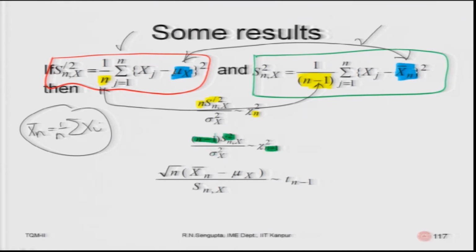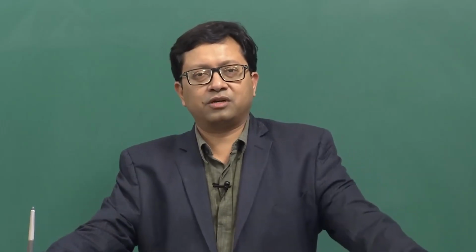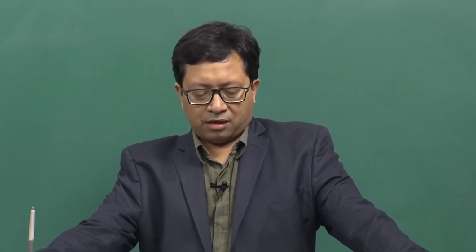This would make things clear to you where the changes are, and they are very logical. Obviously, the proof is not very intense, it can be proved, but it is not actually necessary for this TQM course. So, this will give you the chi-square with n degrees of freedom, and chi-square with n minus 1 degrees of freedom.